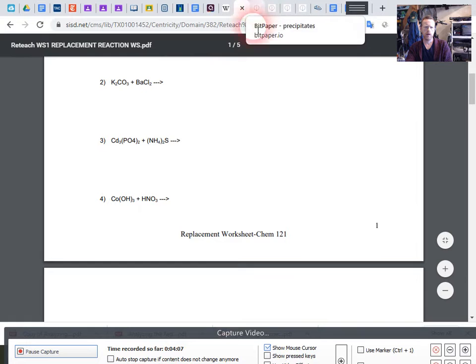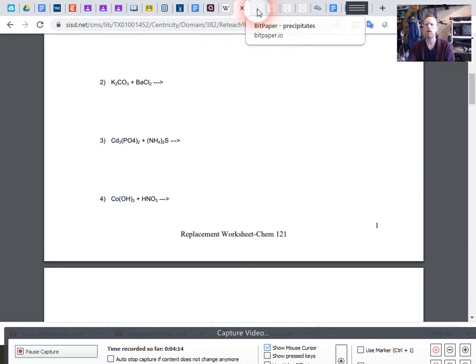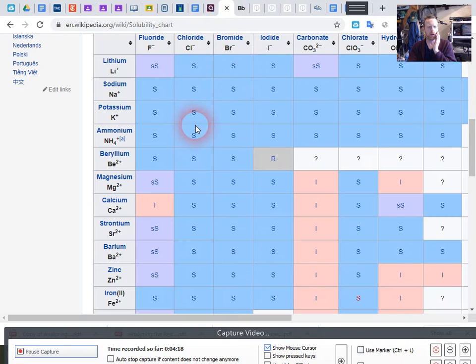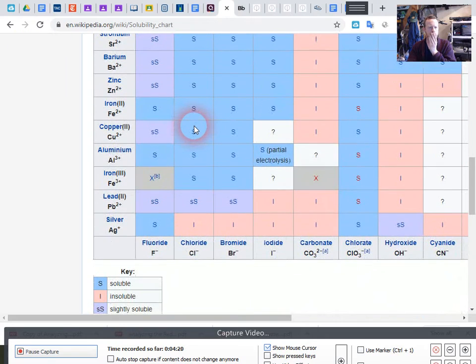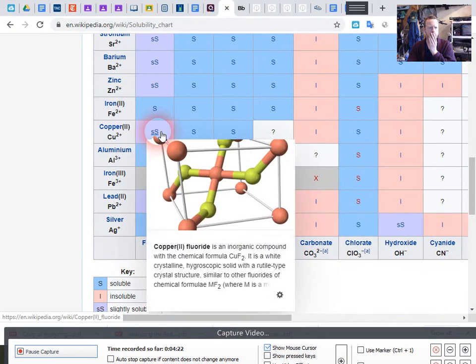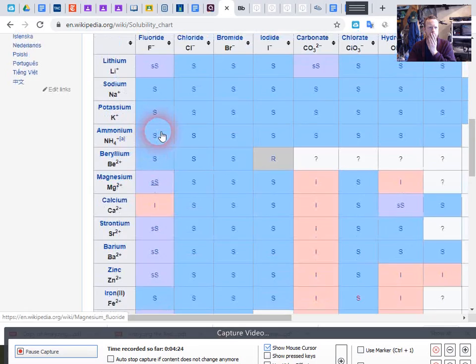So it could be ammonium phosphate or cadmium sulfide. So we'll go to our chart, cadmium. Maybe we don't have it here.